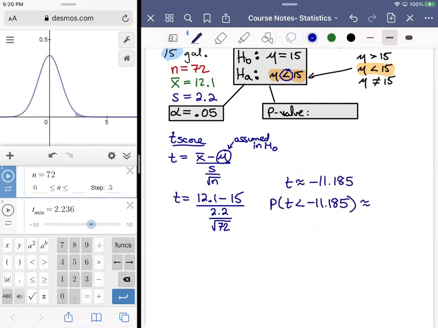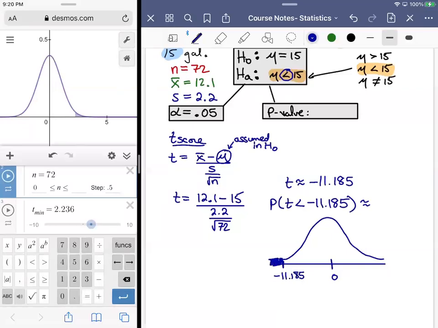What we're talking about here, and I'll just quickly draw a diagram so you get a decent visual. Zero's in the middle, negative 11, I'm just going to estimate as being around right here. It's not, but much further. If you're out here at negative 11 and you want to be less than that, you're talking about all this stuff on the fringe here, right?